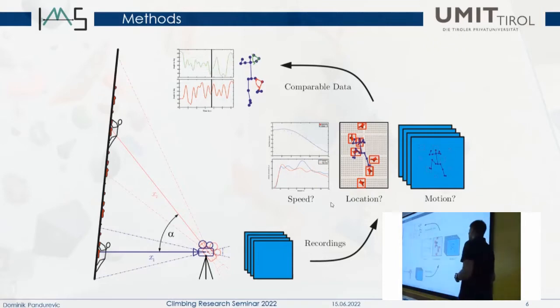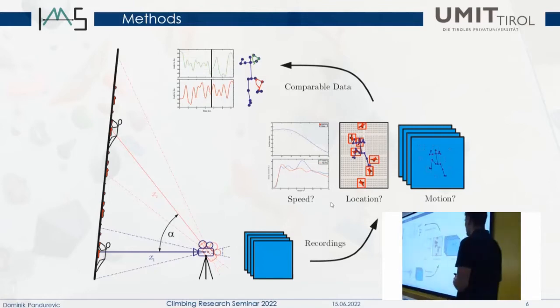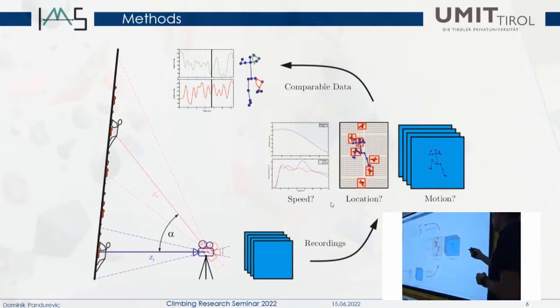Then we are trying to locate specific objects like the climbing holds to get a scale factor where we can transform the image plane to a wall coordinate system, and therewith we can calculate, for example, the speed of the camera. And with the speed of the camera, we can subtract it from the speed of the climber, and then we get an absolute movement of the climber. And therewith we can get comparable data.